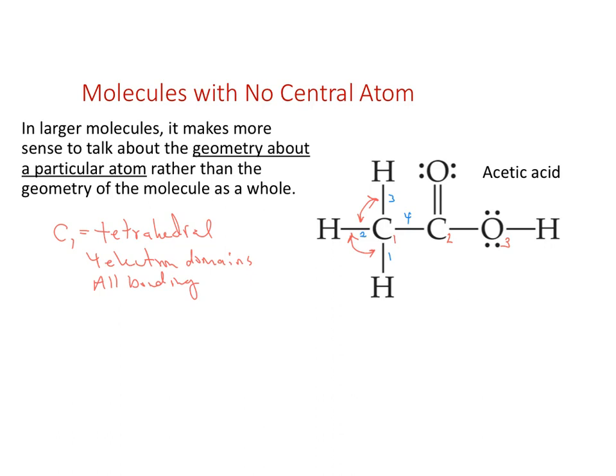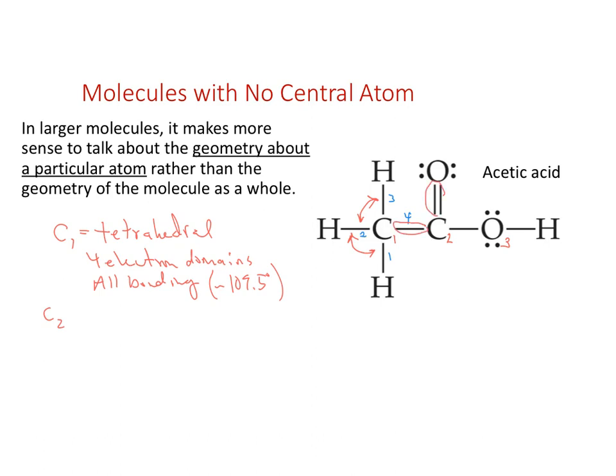So my electron domain geometry and my molecular geometry is tetrahedral. My bond angles should approximately be 109.5 degrees.